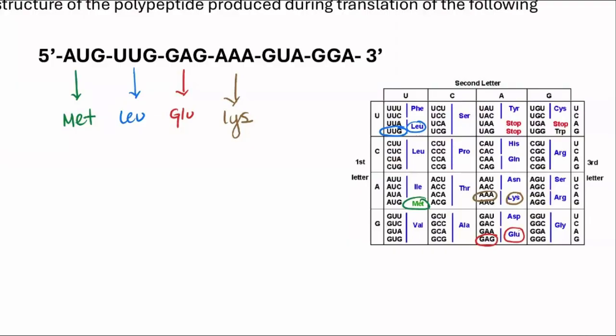Next, we have GUA, which is letter G, letter U, and letter A. GUA is valine, three-letter code VAL.